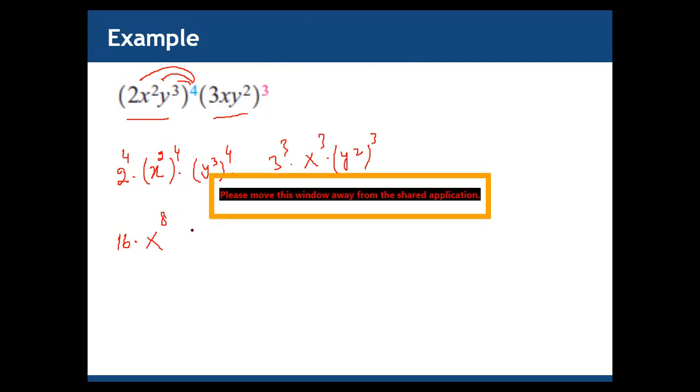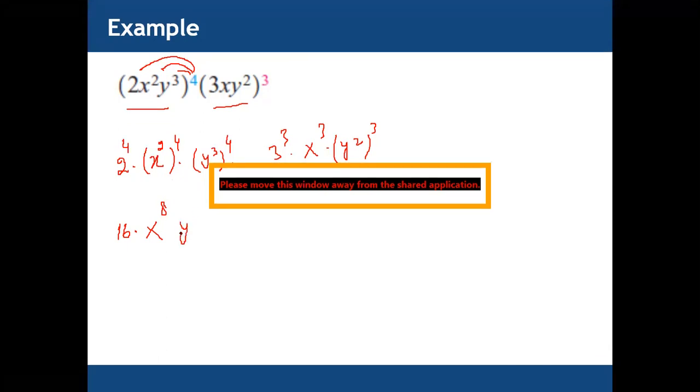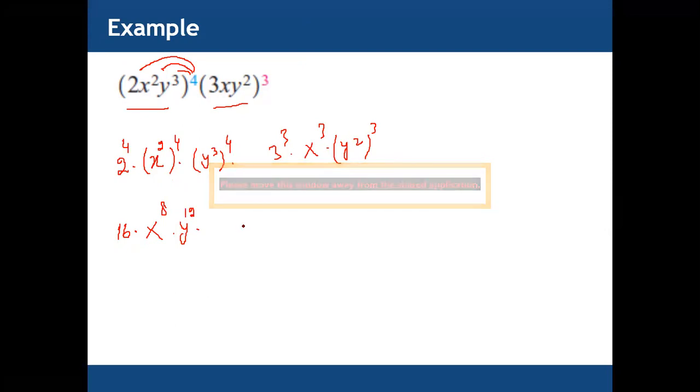Okay, next we have y cube whole power 4, which means y with 3 multiplied by 4 equals y power 12. Then we have 3 power 3, which means 27. x cube, and y square power 3 means y power 6.